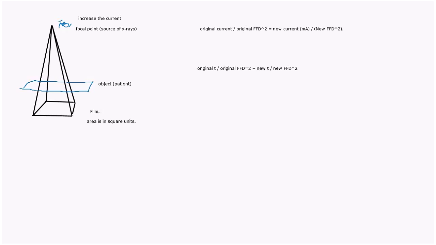It is worth keeping in mind, sometimes in your calculator you might need to put brackets in like this, so that you do squaring before you do division. Just something to be careful of with your calculator. Sometimes just pay attention to order of operations.